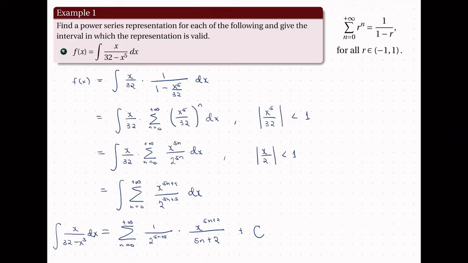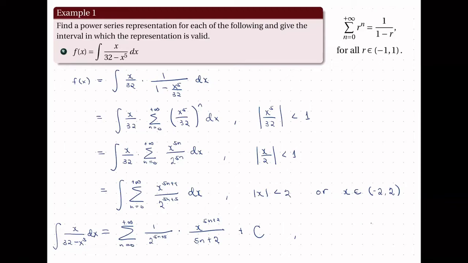Okay? And then, for what values of x does this equality hold? Okay? So, from here, no? Dapat the absolute value of x is less than 2, or x is in the open interval from negative 2 to positive 2.